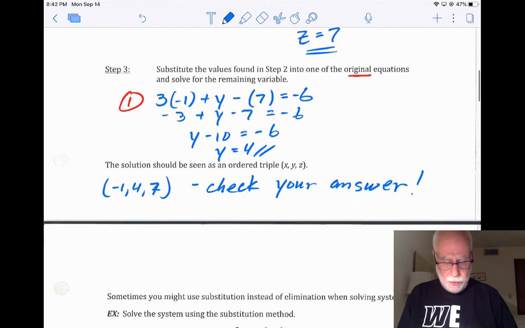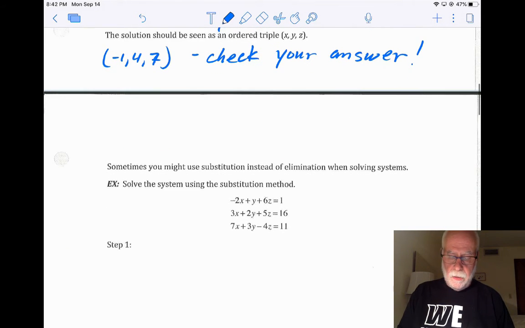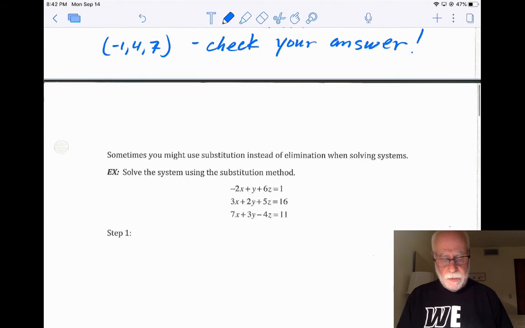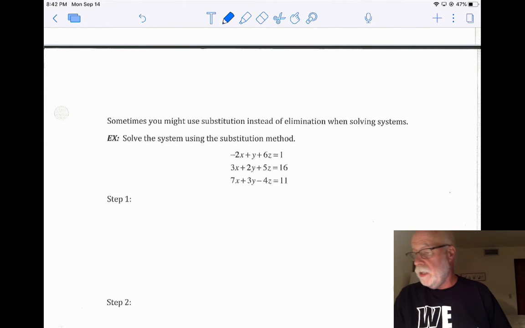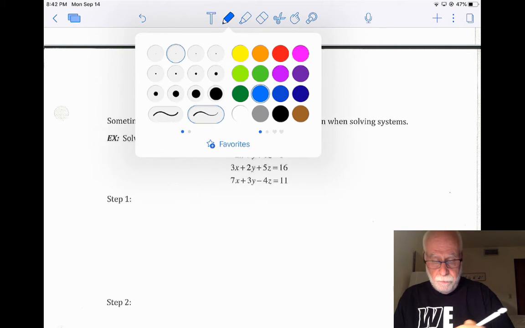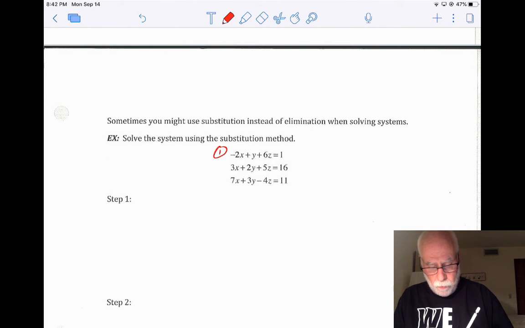Then I said sometimes you might use substitution instead of elimination when solving systems. So in this example, solve this system using the substitution method. Just like before, with the first example, we're going to call them 1, 2, and 3.